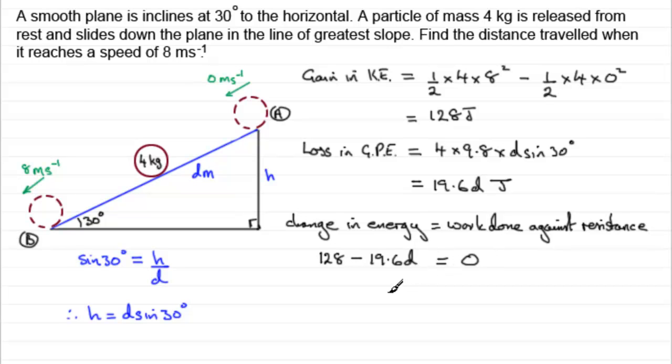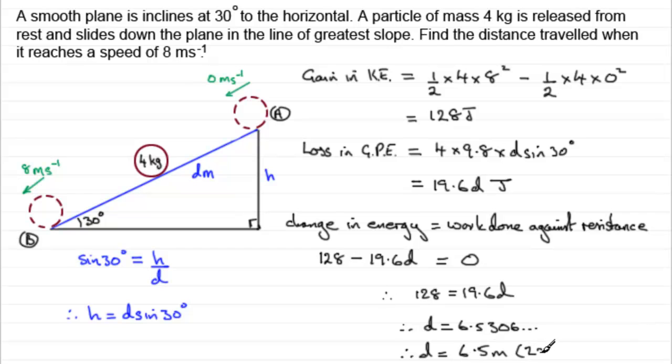So if we just add 19.6 d to both sides, we end up with 128 then equals 19.6 d, and if we divide both sides by 19.6, d turns out to be 6.5306, again, what we had before. So if we round this up to say two significant figures, d turns out to be 6.5 meters to 2SF, as before. So you've got this method then, the work energy principle.